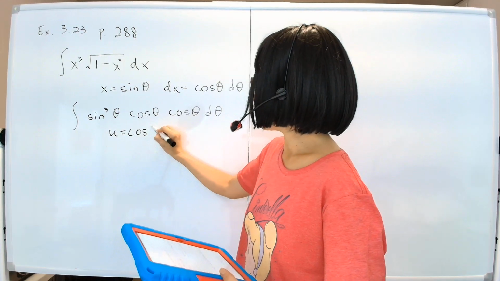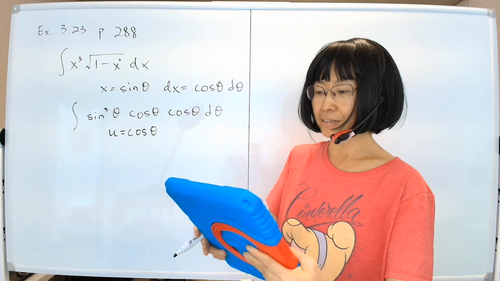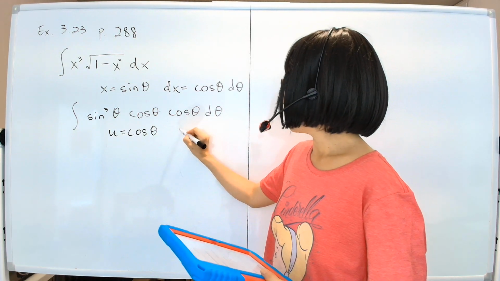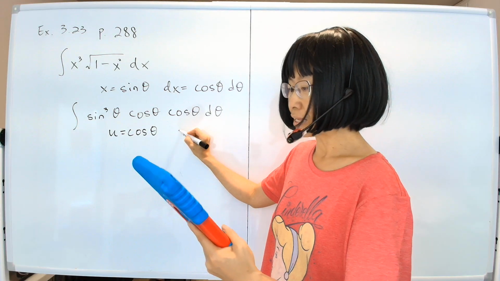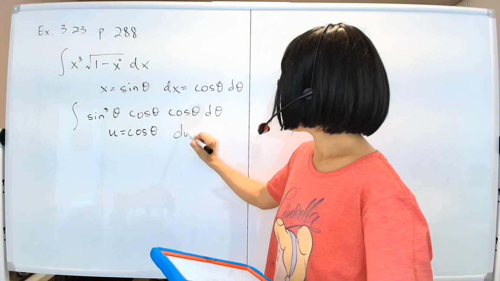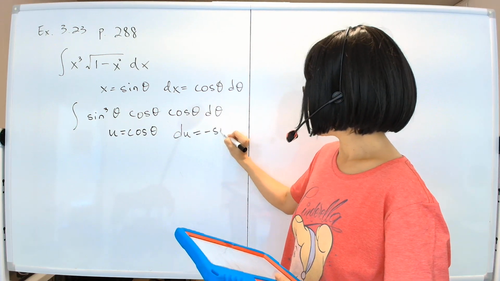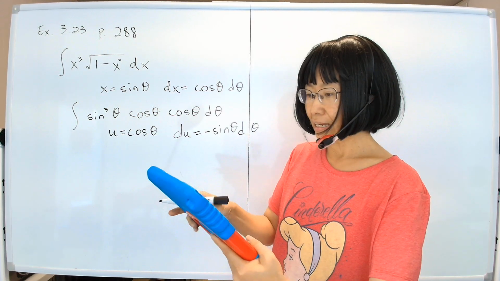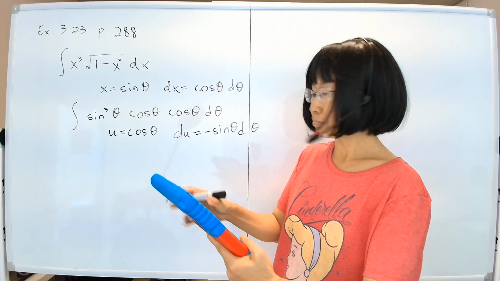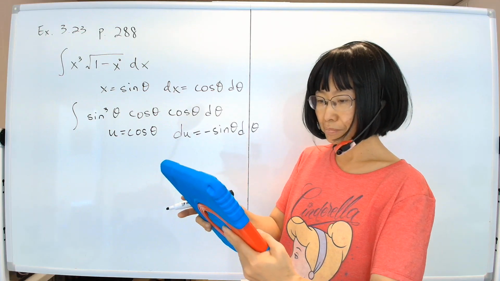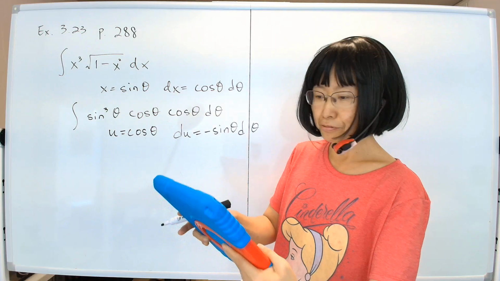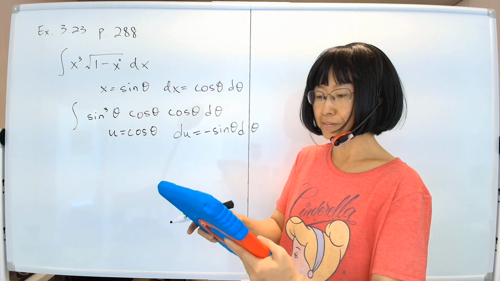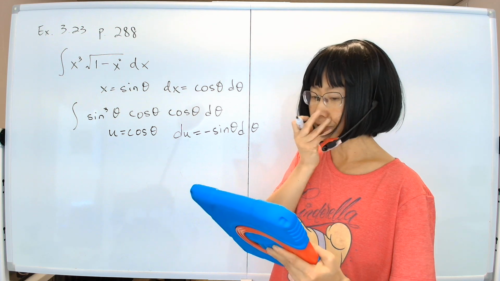This is to repeat what we learned in the last section. Then du is of course equal to minus sine theta d theta. Once you get here, everything else plugs in nicely. You plug all this stuff in, and you come up with a polynomial in u, which integrates easily by the power rule.